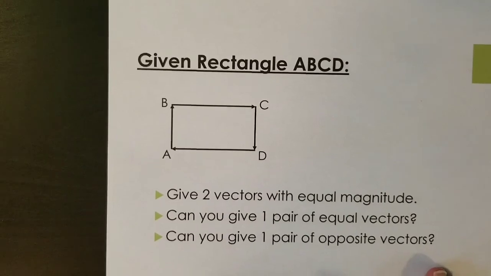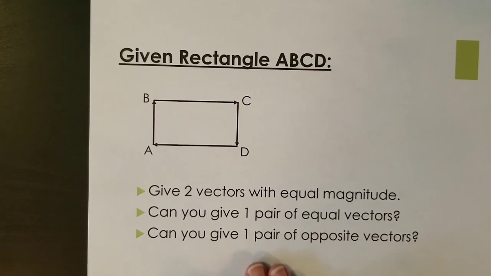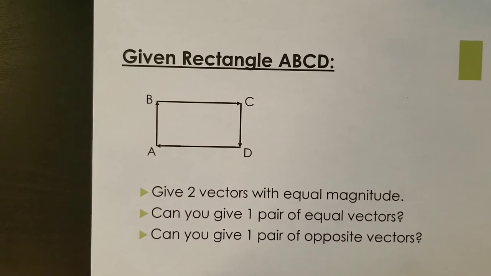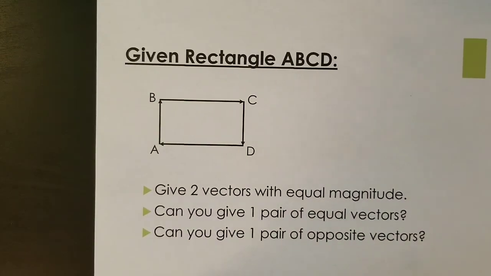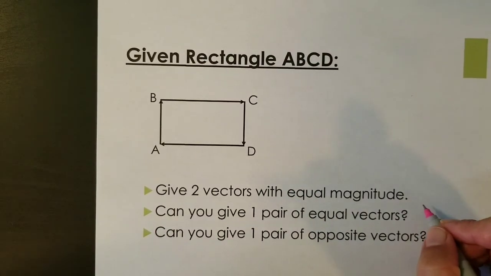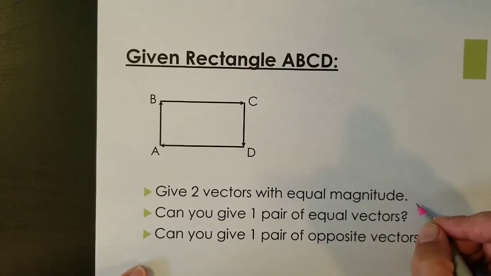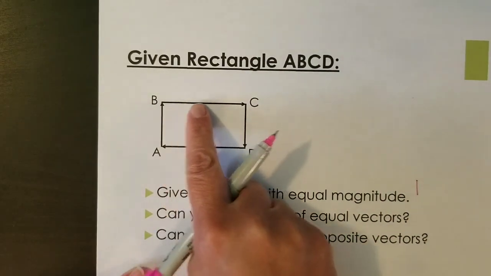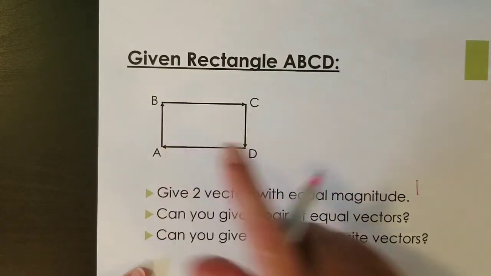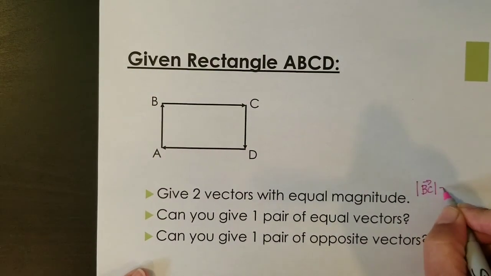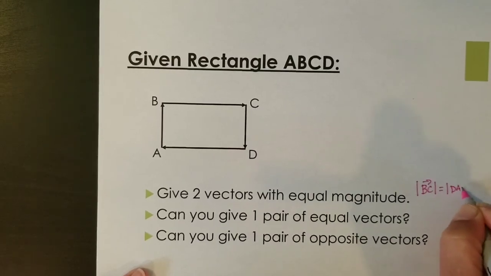So let's take a look at this rectangle and see if we can find two vectors with equal magnitude. You probably can, since a lot of vectors are going to have equal magnitude. What I want you to focus on is the notation here. Maybe the first one I see is BC and DA. So the magnitude of BC equals the magnitude of DA.